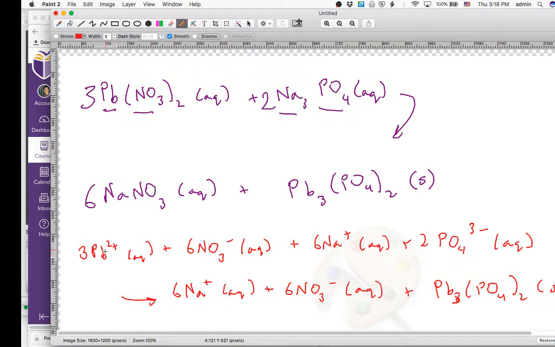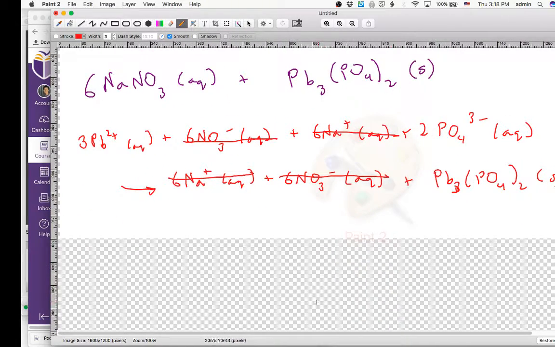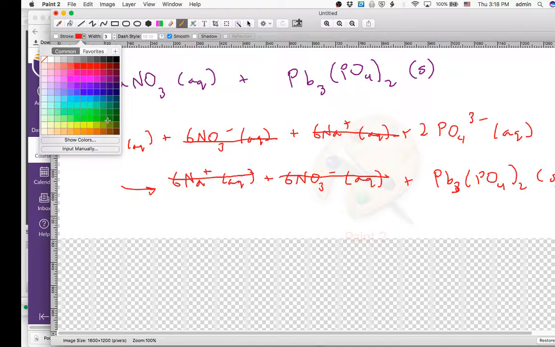Now I'm going to cross out the spectator ions. This guy shows up in the reactants and the products. This guy shows up in the reactants and the products. So what I have left here, I'm going to rewrite this. This is the net ionic equation.